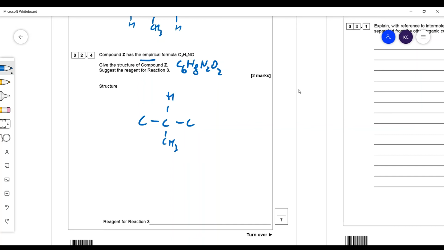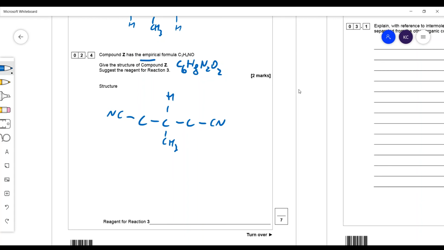So if there is nitrogen, it might be amine, but in this case it's probably going to be nitrile because we have more carbons there. So it would be logical to add the CNs here. In which case we have 1, 2, 3, 4, 5, 6 carbons now. So that's right, we have 2 nitrogens here. So what are we going to do with the oxygens?